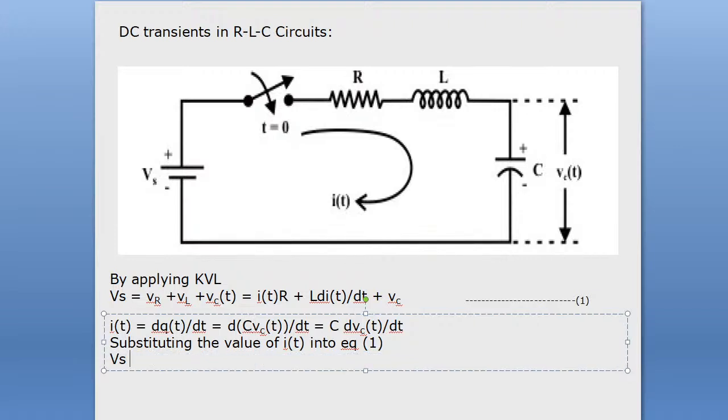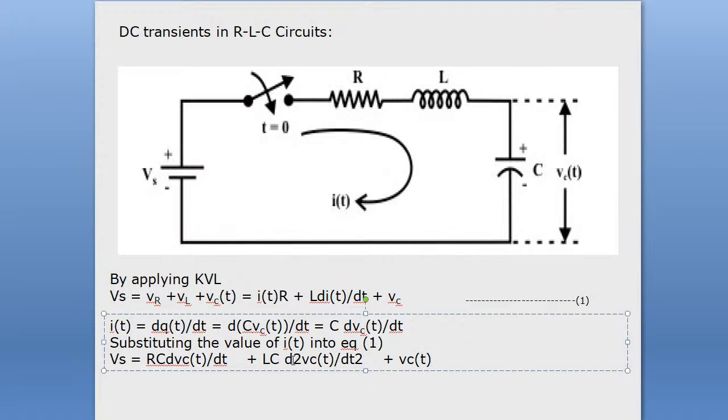Then we can write V is equal to RC dVc(t) by dt plus LC d squared Vc(t) by dt squared plus Vc(t).